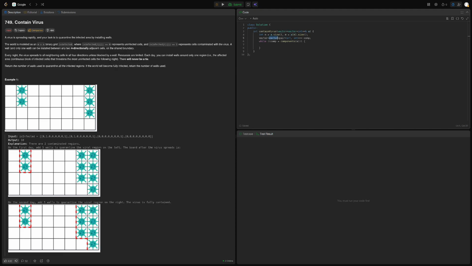I could have a struct which could be called component, which will have the number of infected cells, a vector of pair of int, let's call it cells, then we make some private method which is gonna be called components, which returns a vector of component.